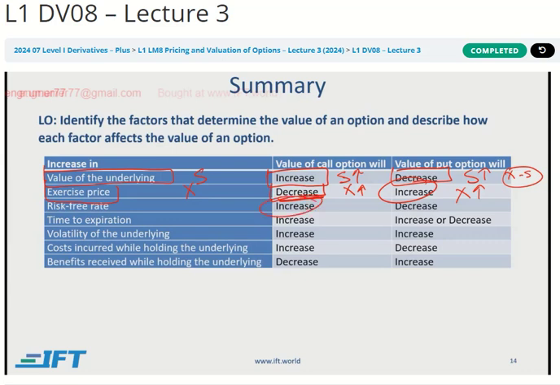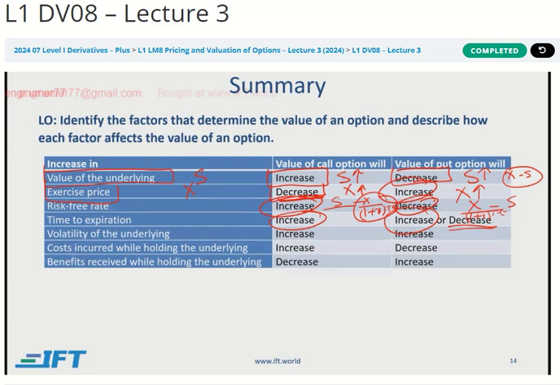Risk-free rate increases the value of a call option, since it will reduce this second part, and that will increase the value. For a put option, unfortunately, it will reduce the first part, therefore it decreases the value of a put option. Time to expiration definitely increases the value of a call option because there is more probability it will go up, and it also increases the value of a put option unless the put option is deep in the money and the risk-free rate is high.